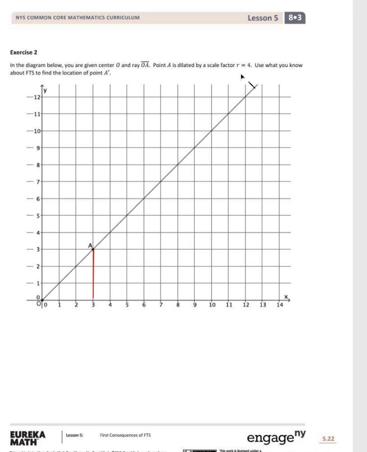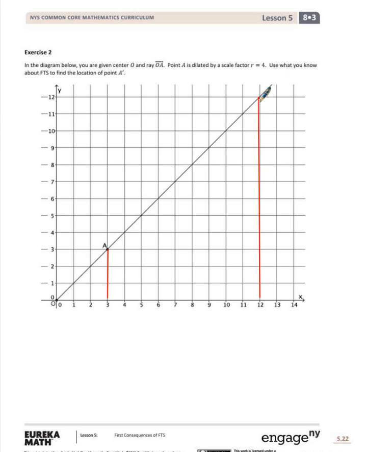And we want it by a scale factor of 4. So if the original was 3 long, 3 times 4 should be 12. And we could draw then this line directly up there to the top. Oops, I'm a little off. And then we can mark A prime.